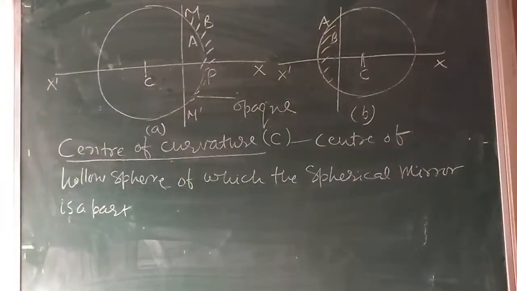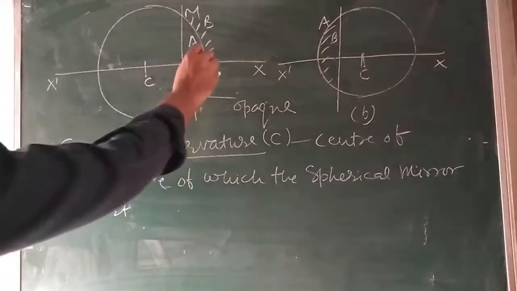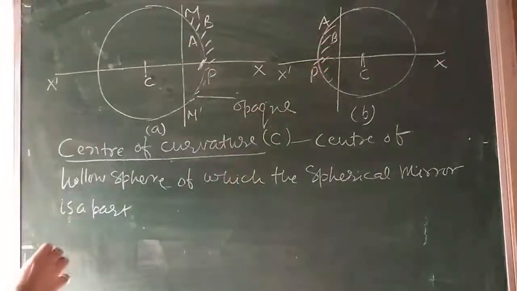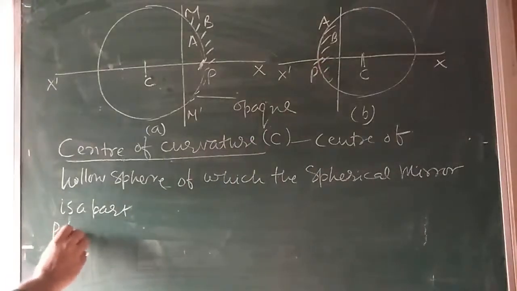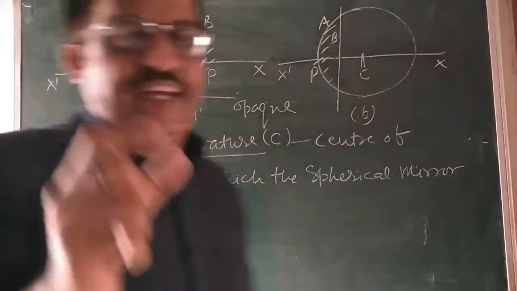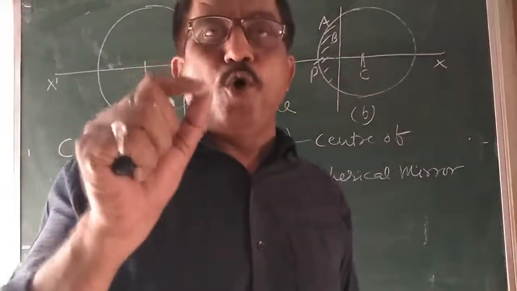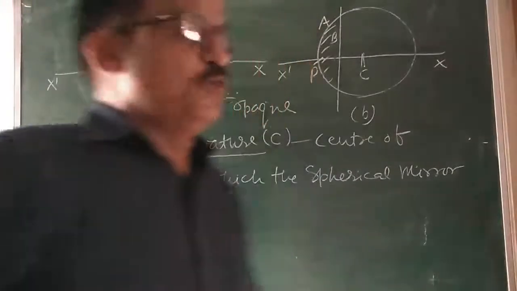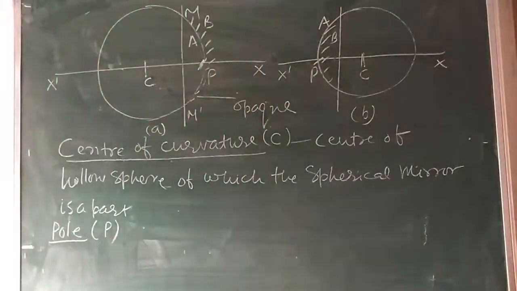It is clear? Another point is this one. It is denoted by P. So this is called pole. P is a pole of the mirror. Is it clear? So write down what is pole.